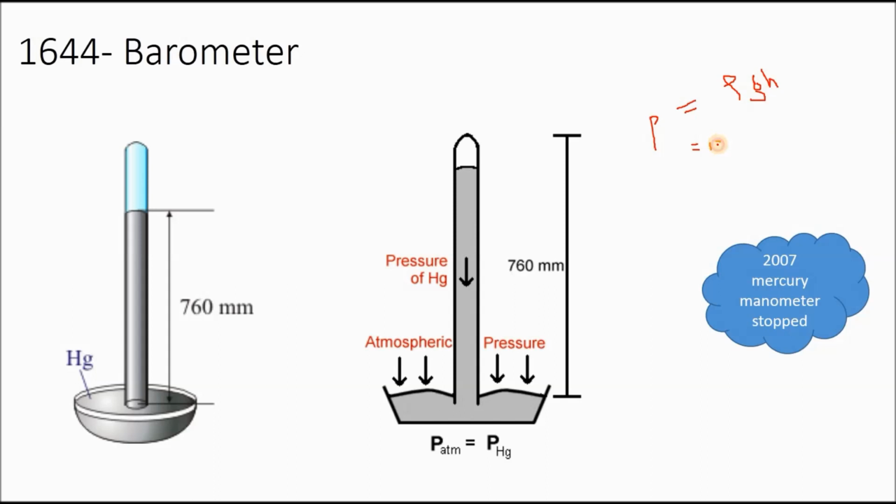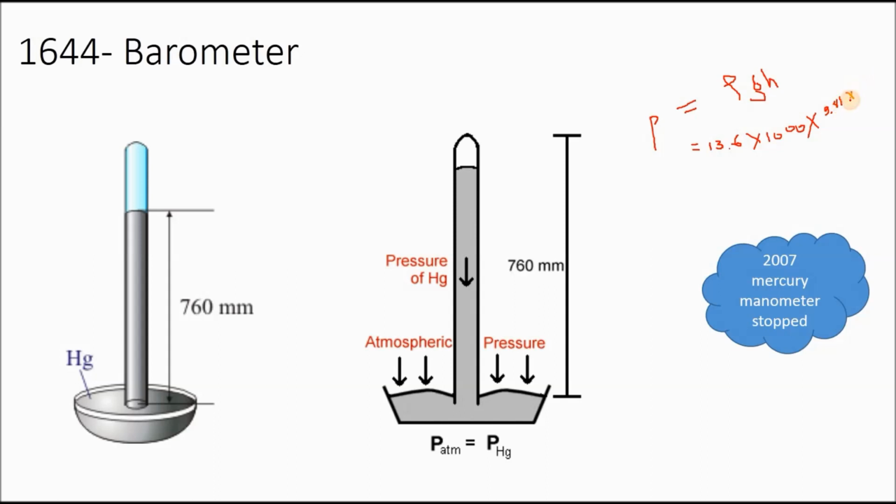This is nothing but 13.6 times the water density. I can easily remember that the water density is 1000. So it is 13.6 times heavier than water, and the acceleration due to gravity is 9.81. And what is the height?